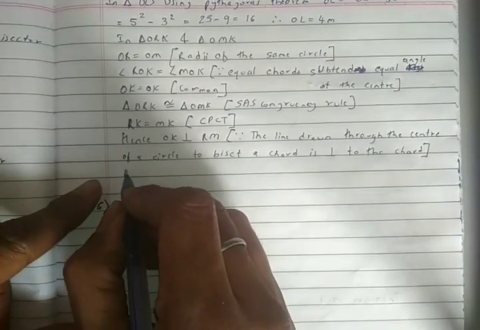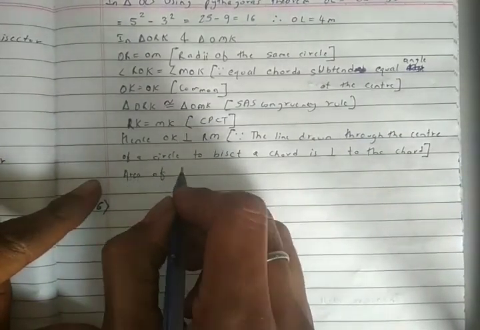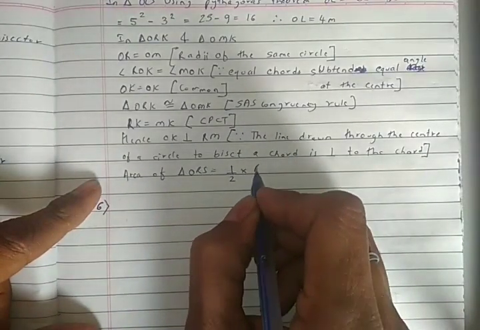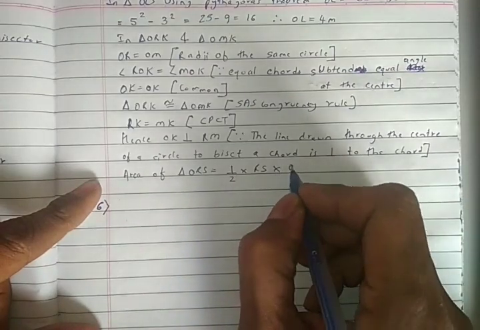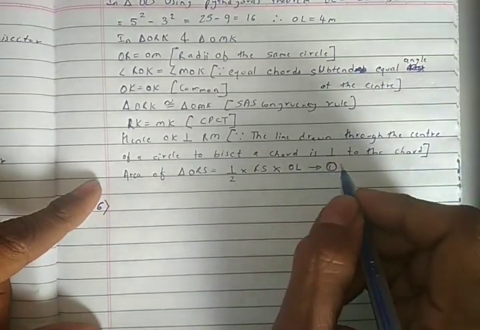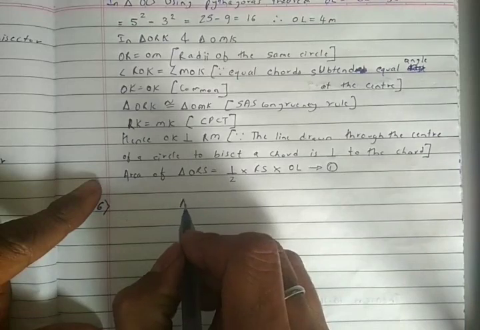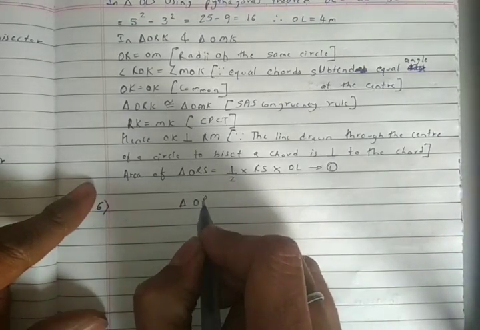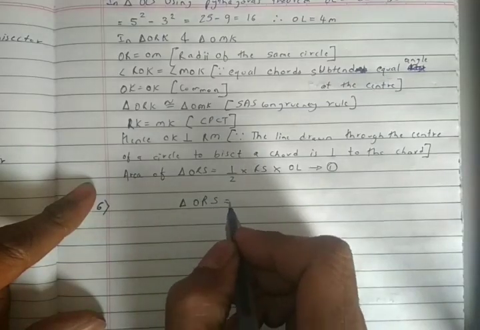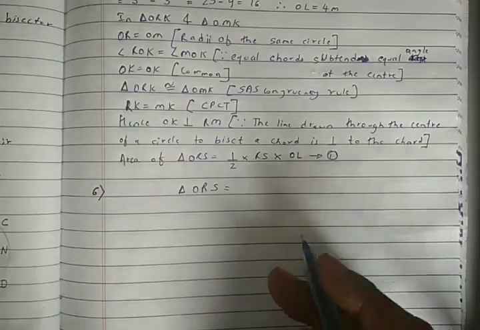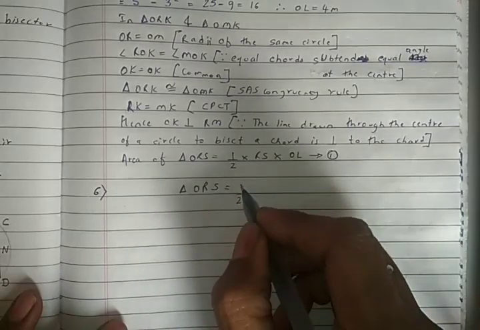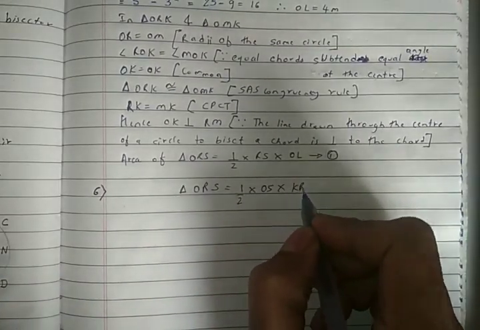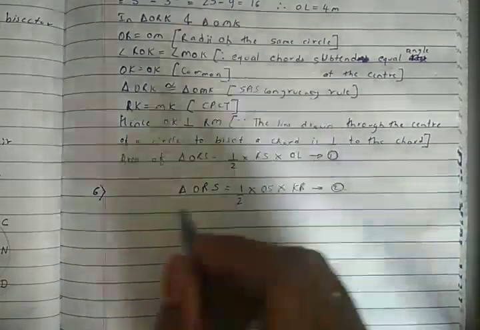Now you can say area of triangle ORS equal to half into base is RS and perpendicular height is OL. We'll name this as equation 1, and area of triangle ORS equal to half of OS into KR. We'll name this as equation 2.